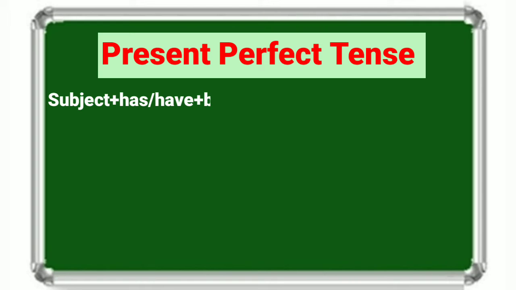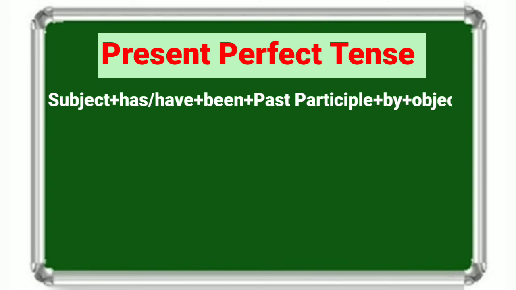After that, has or have, the auxiliary verb has or have according to the given subject, and then write been. After that, the past participle form of the main verb followed by the preposition by. After that, write the object of the sentence. Here object means the subject of active voice as the object of the passive voice.